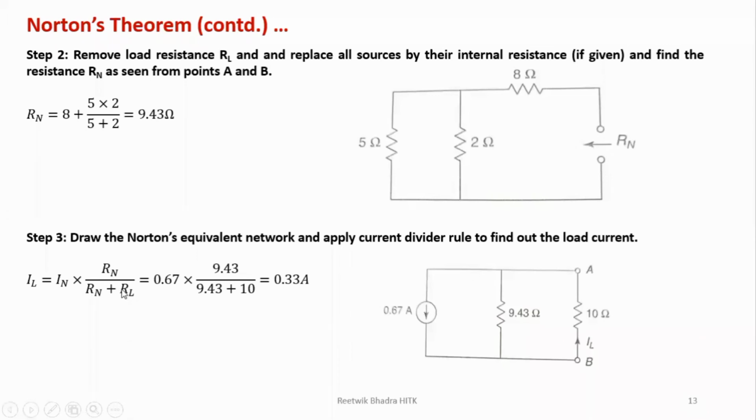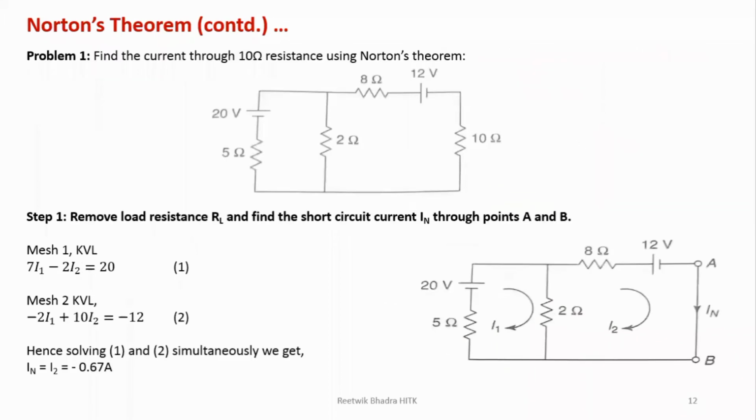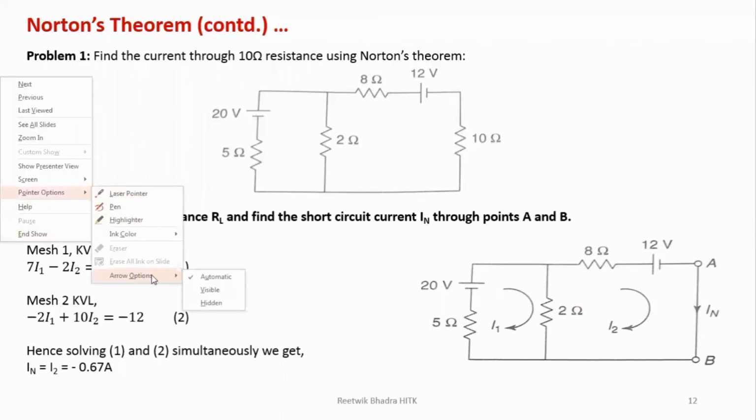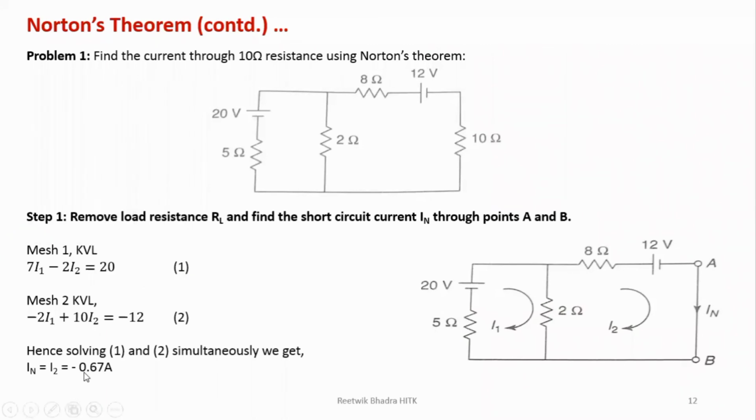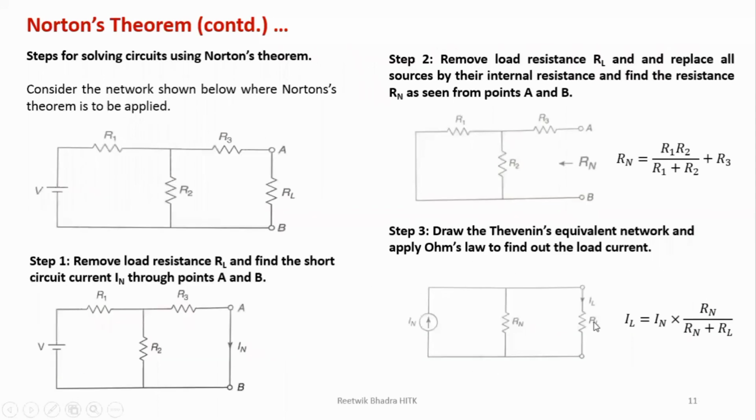Now over here I want to tell you a very important thing. Please remember, if you calculate your I2 over here, it comes out to be negative. Please be careful of this. Your I2 comes out to be negative, minus 0.67. Now, the equivalent circuit drawn over here is for IN coming out positive.